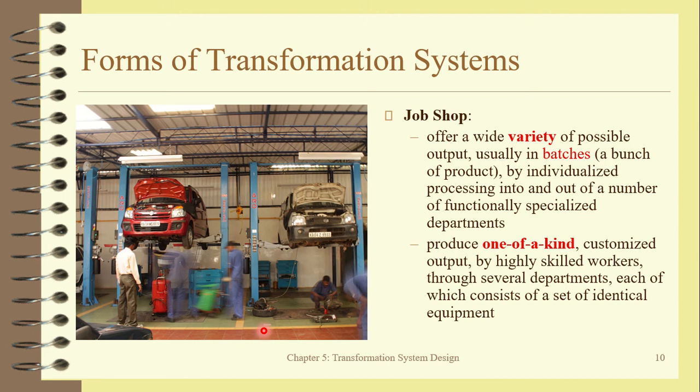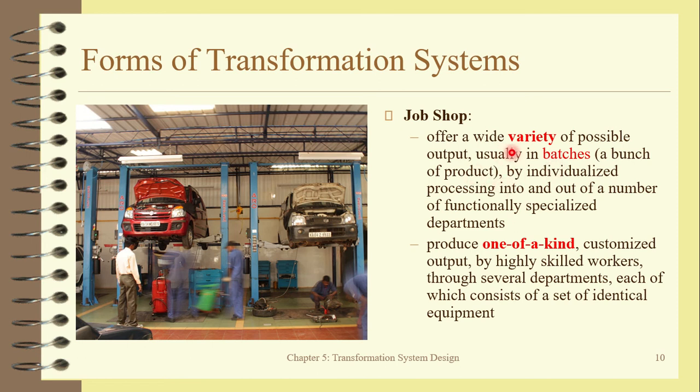The next one that we always talk about is the job shop. The job shop focuses on offering a wide variety of products. Normally they produce in a batch. Batch means a bunch of products.